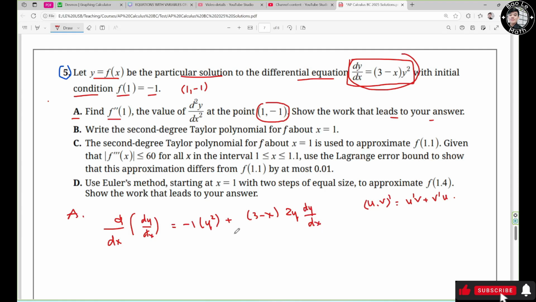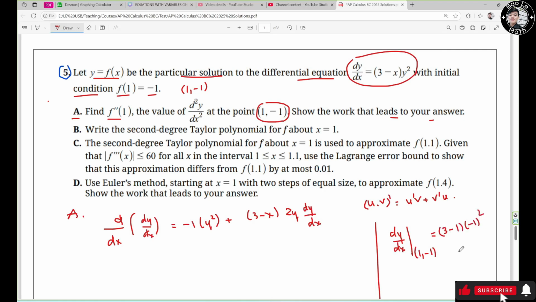Now, we need to calculate dy over ds. When s equals 1, y equals negative 1. We substitute 1, negative 1 into this equation to solve for dy over ds. So it's 3 minus 1 times negative 1 squared, so it could be 2.